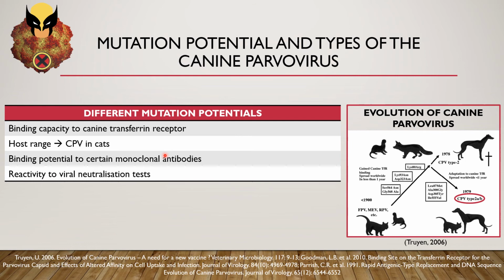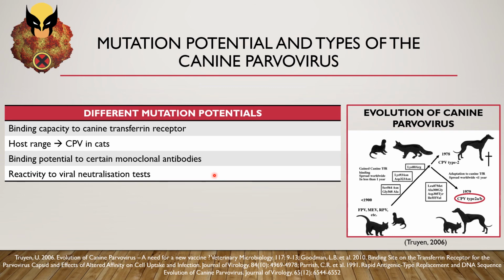Indeed, with the newer antigenic types of the virus, CPV2, as discussed previously, can include both dogs and cats as potential cell hosts. There are also antigenic mutations with different potential to bind to certain monoclonal antibodies.